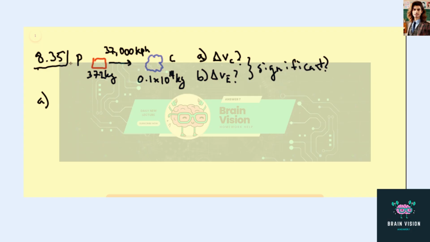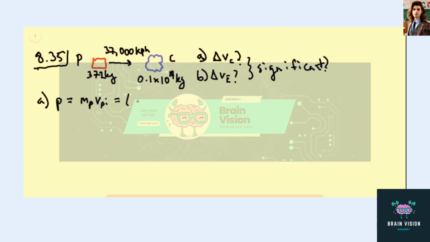So, for part A, we know that momentum has to be conserved, so there are no external forces acting on these. They're far out in space. Nothing can act on them externally that is going to be significant. So the initial momentum is going to be the mass of the probe times what we'll call its initial speed.